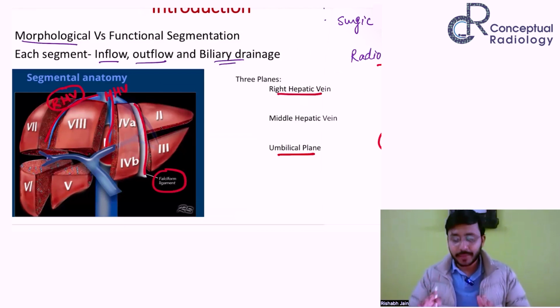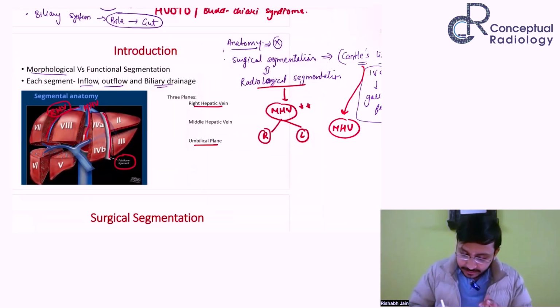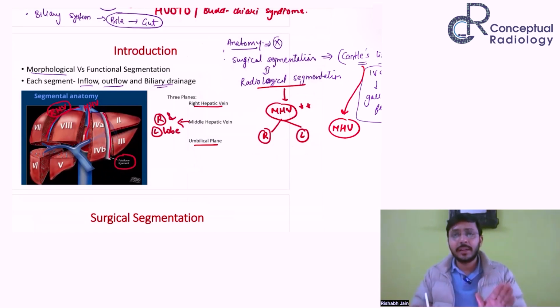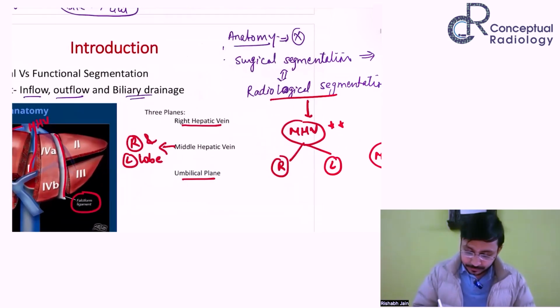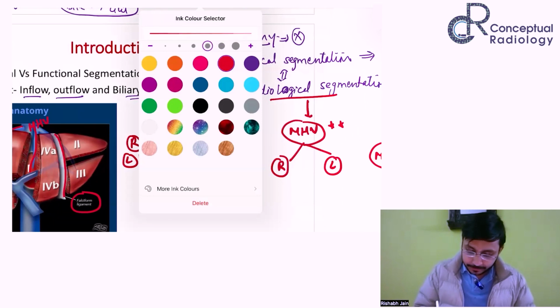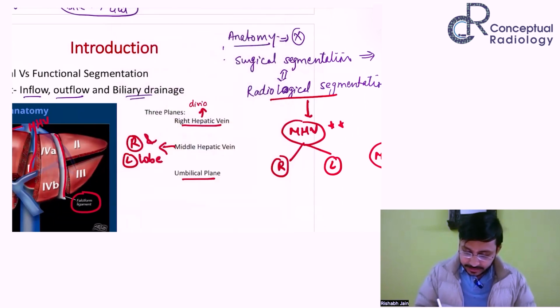The middle hepatic vein divides the liver into the right and the left lobe. The right hepatic vein divides the right lobe into anterior and posterior segments.